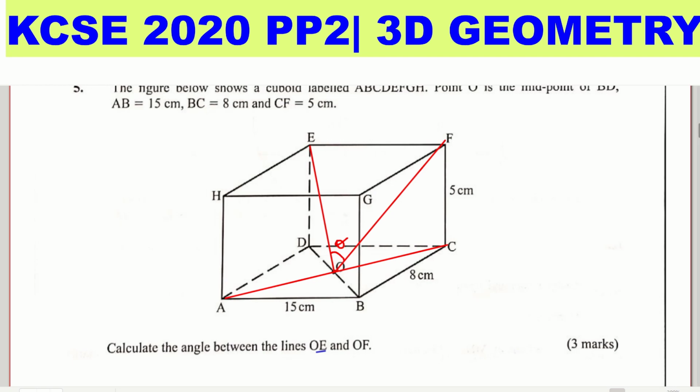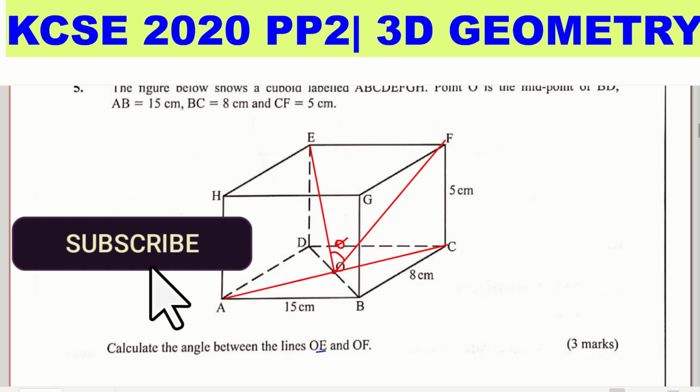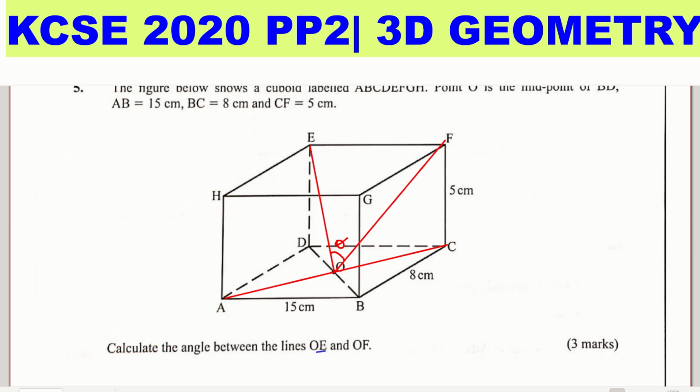If we draw that line and calculate its length, OC will be half of AC. So if I manage to calculate the length of AC, I'll be able to get OC easily because it is half of that line. So how do you get AC?